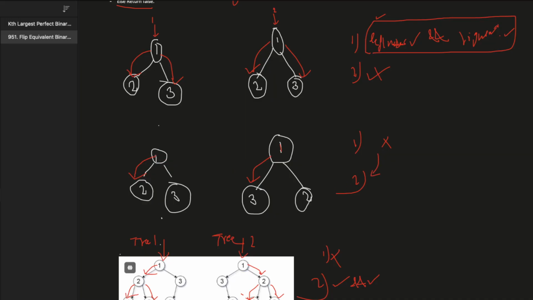What is the second condition? When I'm going left on the left one, on the right one I'm going right. I'm checking 2 and 2, are they equal or not. Those two are equal, and at the same time I need to check the right node of the root as well as the left node of the root. 3 and 3. This one is also equal. Since these two are equal, we can return true.